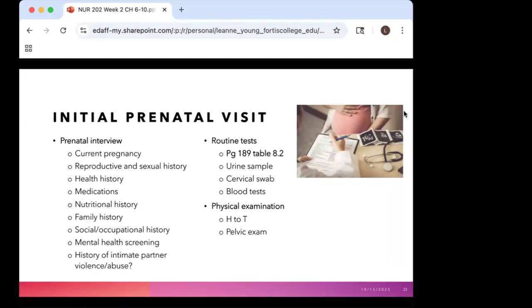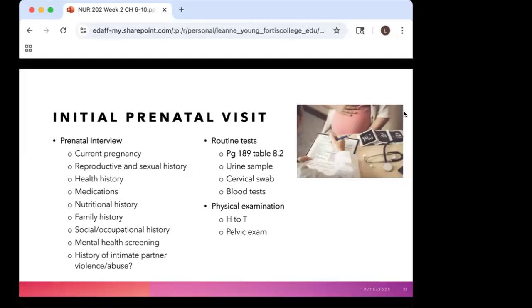So your prenatal interview, you're going to be focusing with the patient on the current pregnancy, how they're doing, how they're feeling, their due date, last menstrual period if they have one that's reliable, any reproductive and sexual health history, if they have a history of STDs, STIs.